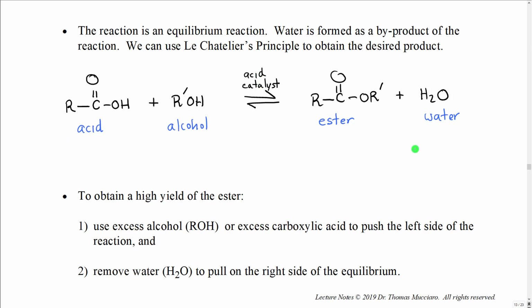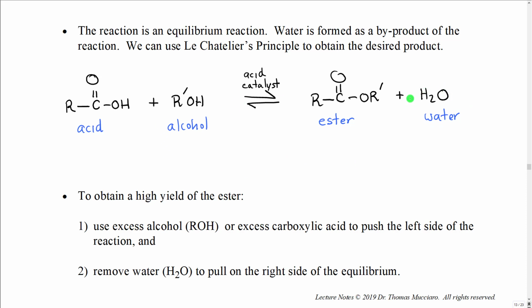So we can actually write the equilibrium out as a balanced chemical reaction like so. In order to get a high yield of the ester then, what we're going to need to do is either put a large excess of the alcohol to push the equilibrium to the right, or we're going to have to remove the water to pull the equilibrium to the right.